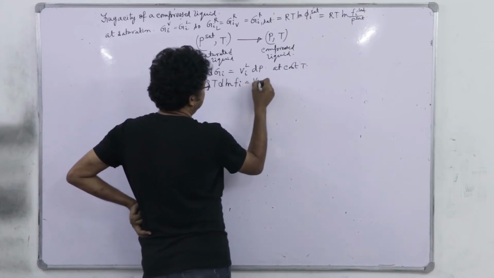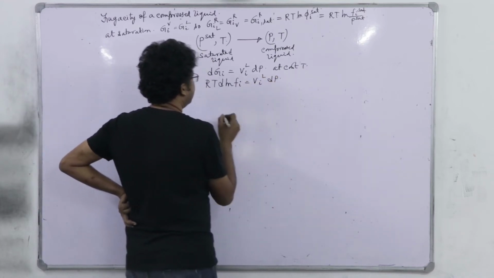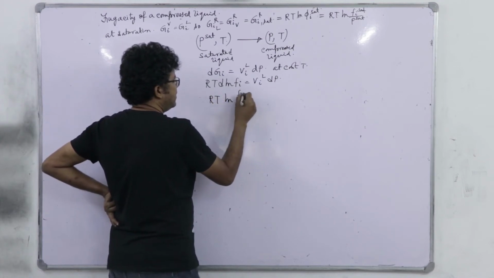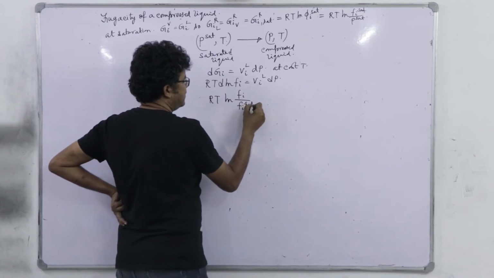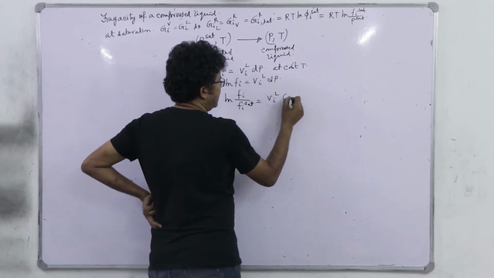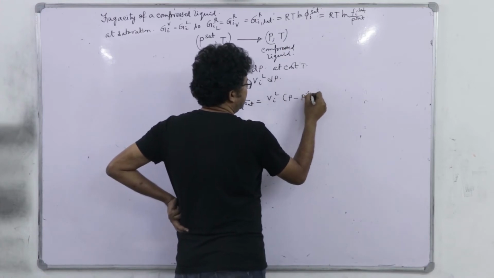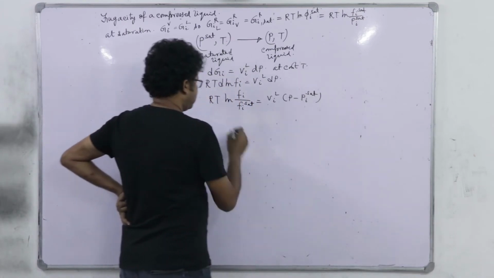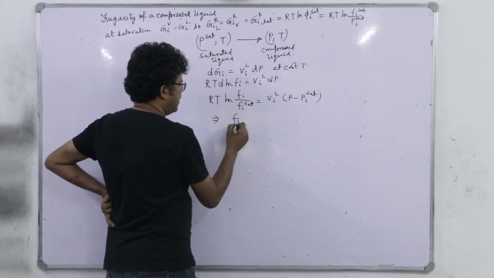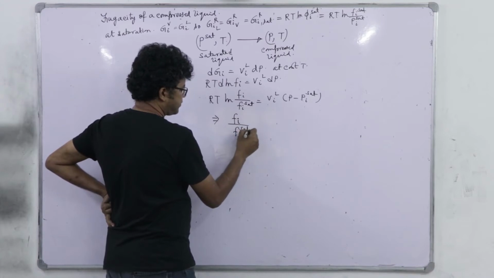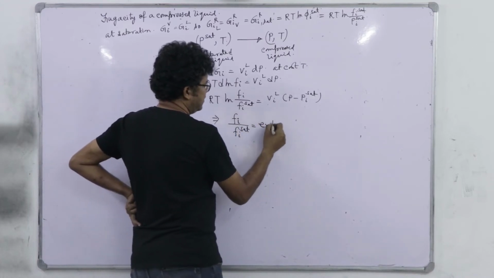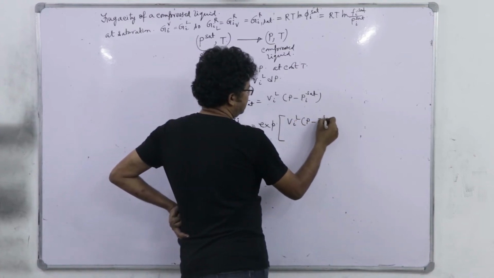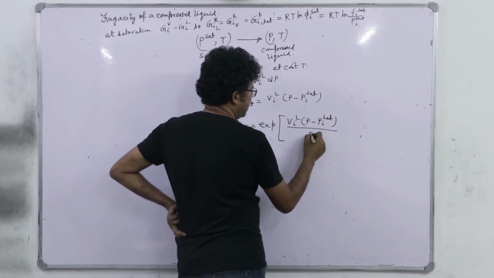So ViL dP, integrating it, will yield RT ln fi by fi sat, and on this side ViL (P minus Pi sat), the saturation pressure. So the ratio of the compressed liquid fugacity to the saturation fugacity becomes exponential of ViL (P minus Pi sat) by RT.